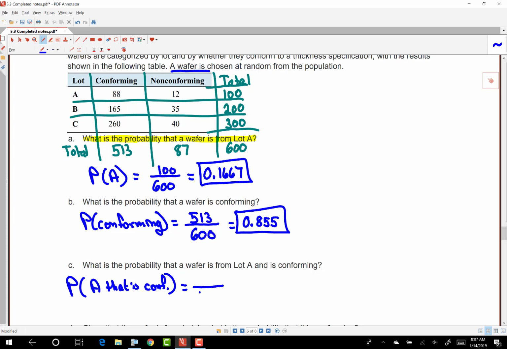So I know my bottom number is still the grand total of 600. And then how many are from lot A and conforming at the same time? That's this number right here, 88. So that will be 88 out of 600, which is 0.1467.